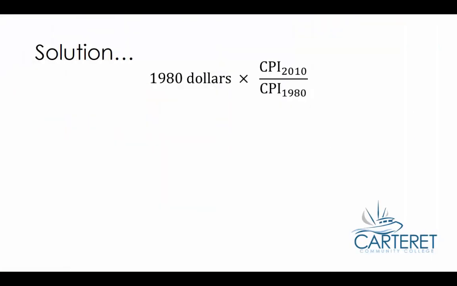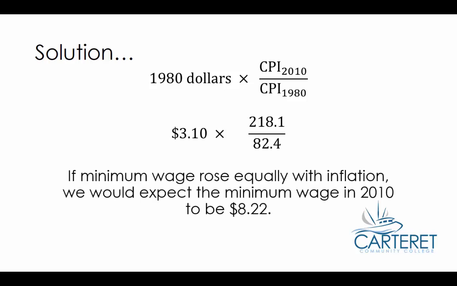The ratio of the CPIs from one year to the next will tell us how much more or less expensive items were in the new year. The ratio of 218.1 to 82.4 indicates that items are roughly 2.65 times as expensive in 2010 as they were in 1980. If minimum wage rose equally with inflation, we would expect the minimum wage in 2010 to be $8.22.